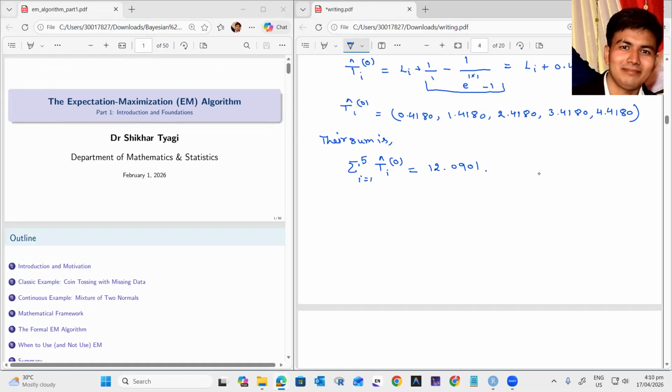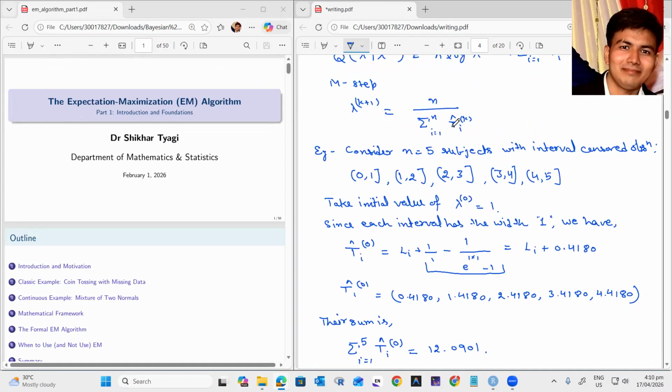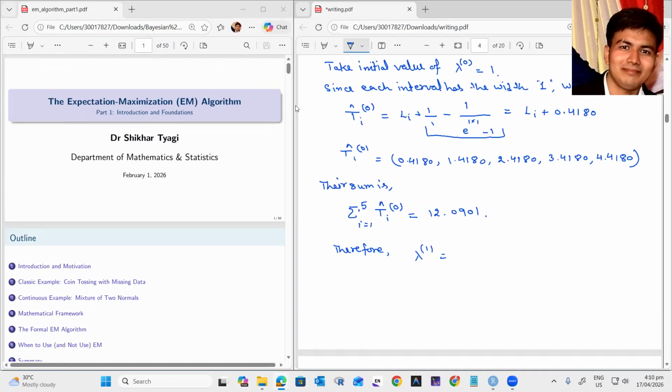Therefore, lambda 1's value from the M step formula will be 5 upon their sum, that is 12.0901.